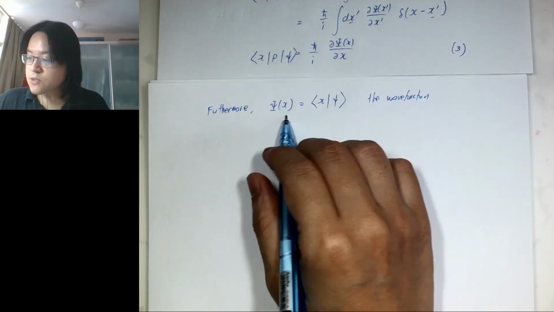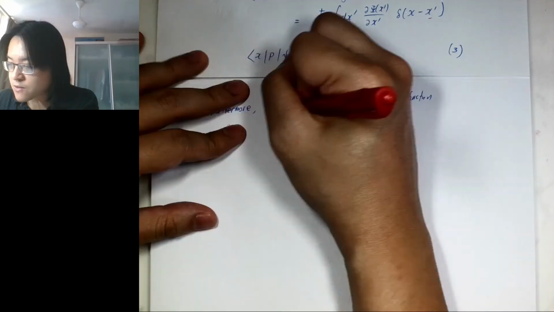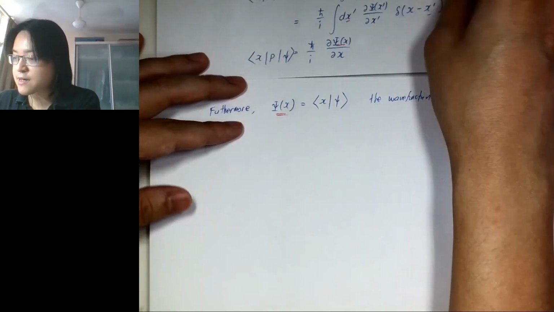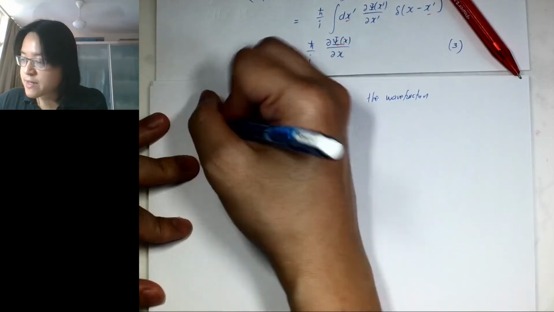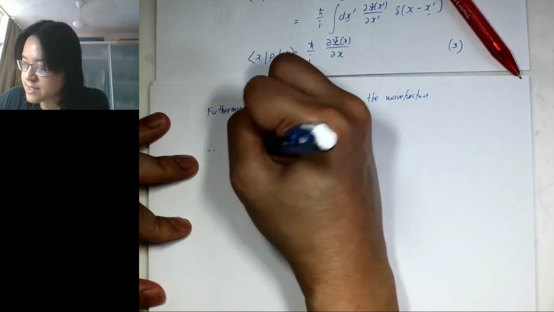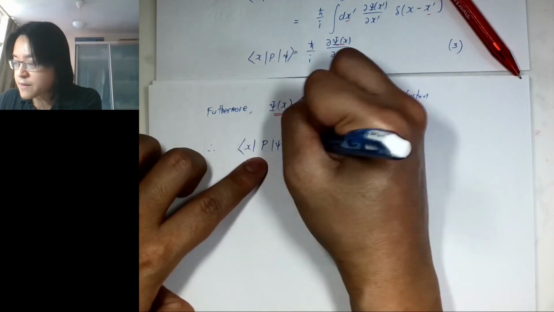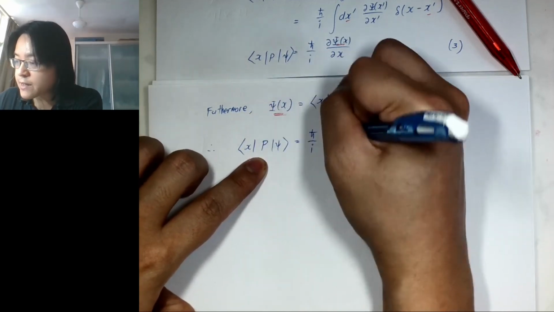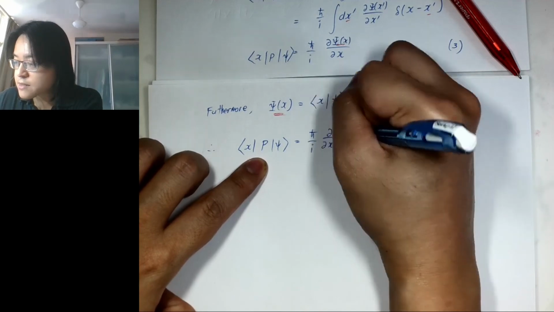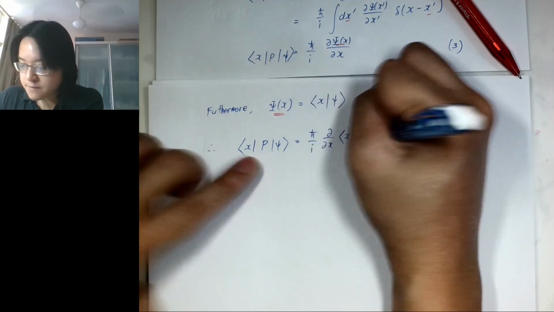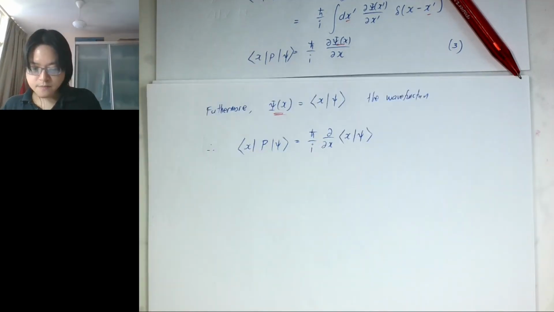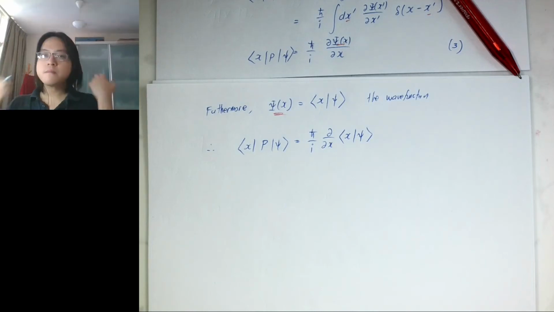So if I compare this equation, what it is saying is that the bra x, P, psi is h bar over i, d dx, of bra x, psi.